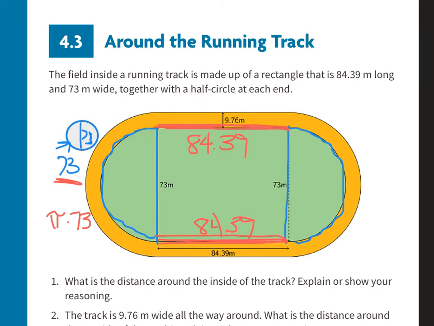So in my calculator, if I go 3.14 for pi times 73, I get 229.22. So that's the circle part. That's this part and this part. So then I just need to add 84.39 for the top and 84.39 for the bottom. And I get 398.22. Let's try that one more time because I lost my decimal.